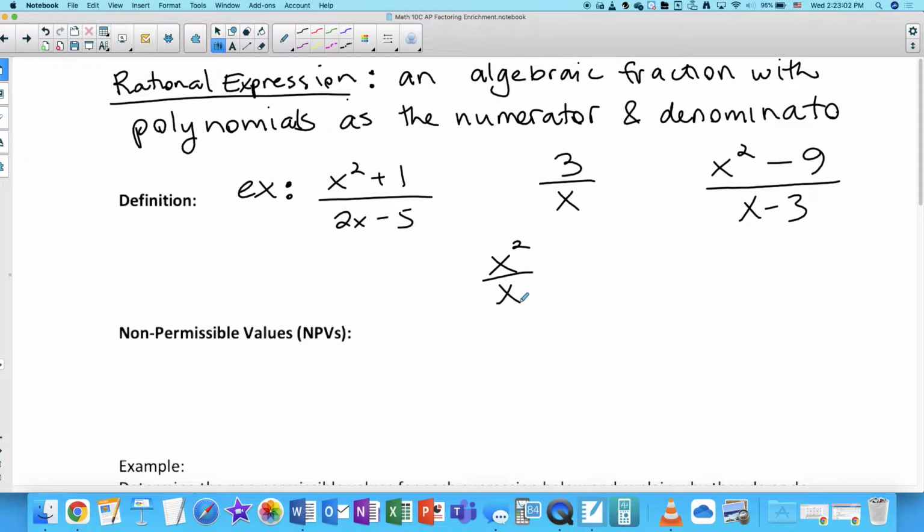Non-permissible value. So we just actually touched on this without me actually saying those words. A non-permissible value is any value of the variable that would make the overall expression undefined.